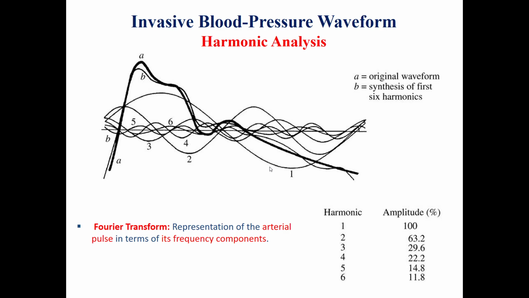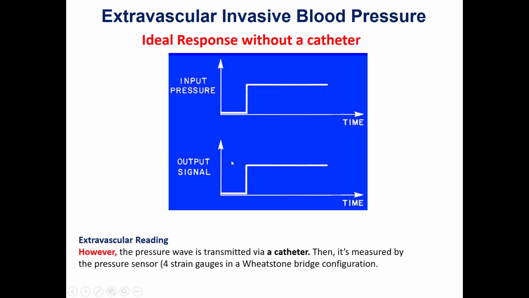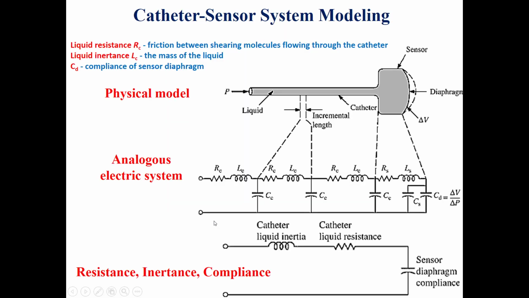Now we will make a model for this line, which transmits this wave up to the sensor, and we will see what the impact of this line or model will be on the transmission of this wave, which is made up of a summation of sine waves with different amplitudes. Also, in the study of the model, we can use another input to study the impact on the transmission, which is a step response.